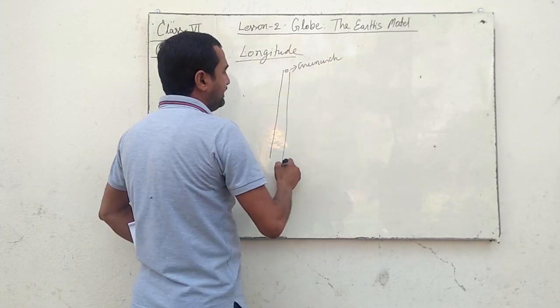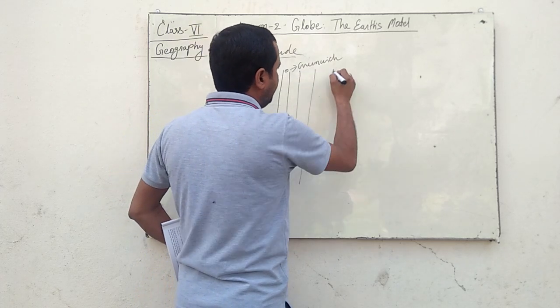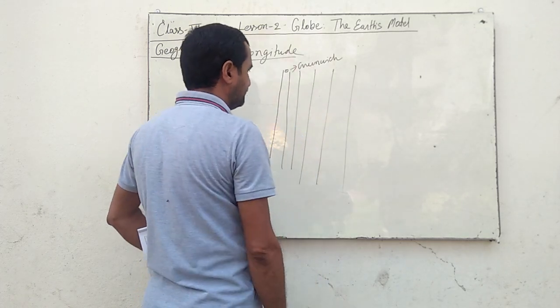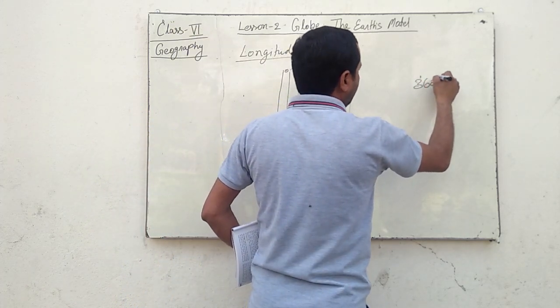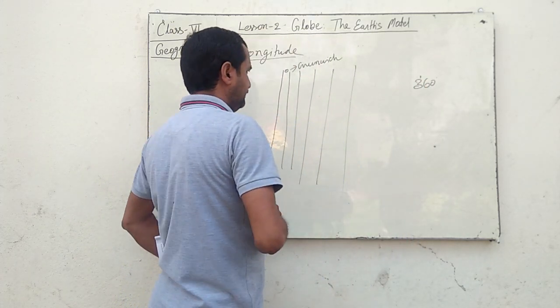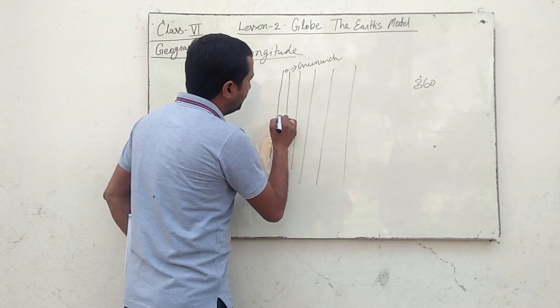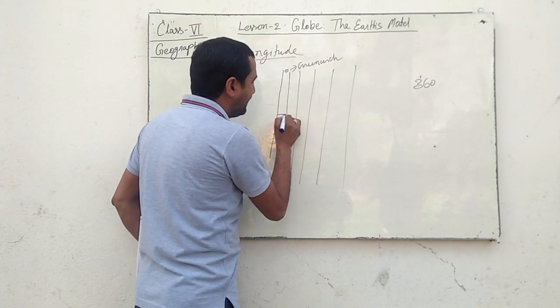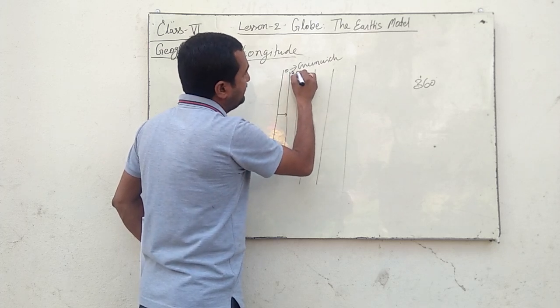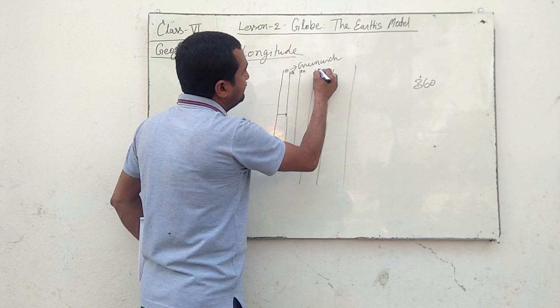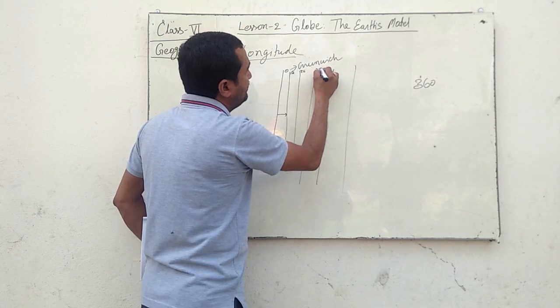Now these are numbered in 1 degree, 2 degree, 3 degree, 4 degree, 5 degree. So in total it is 360 degree. And if we move 1 degree east, 2 degree east, 3 degree east.